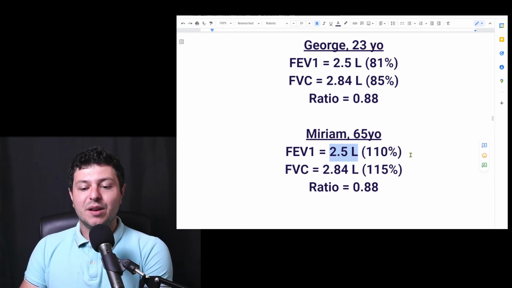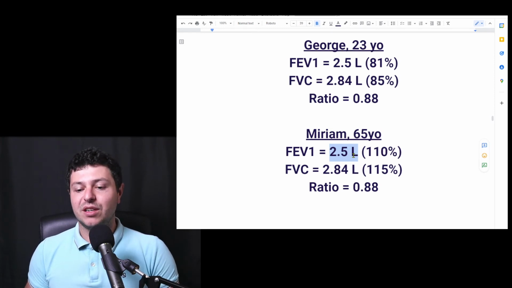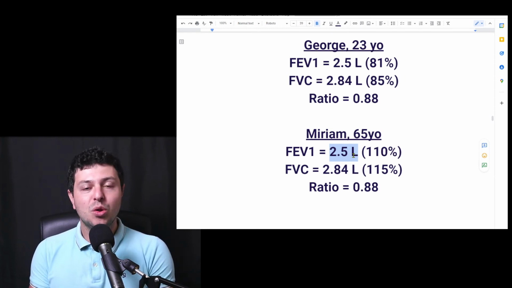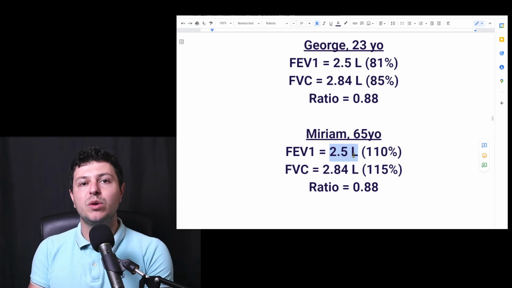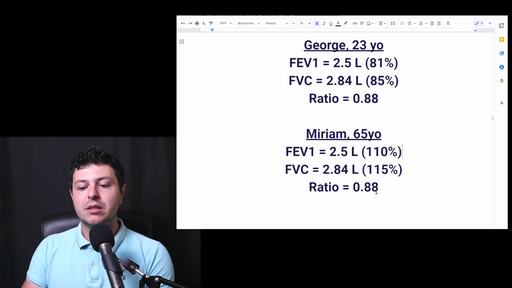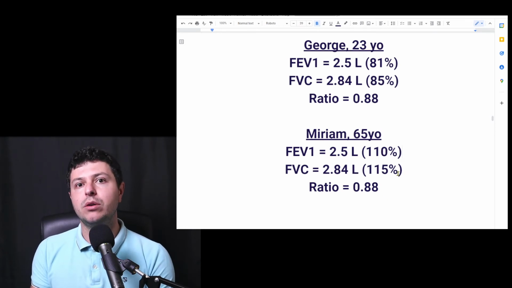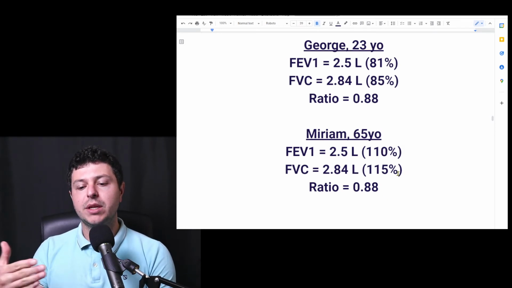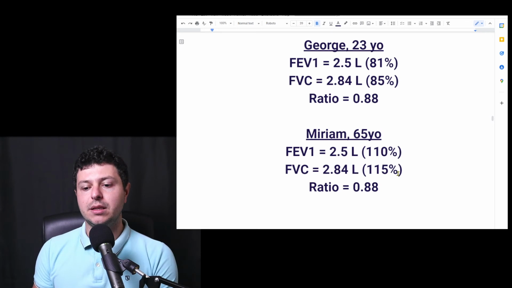So her predicted value was probably less than 2.5. Potentially for her, it would have been maybe 2.3, 2.2 liters. That's what we would have expected Miriam to blow out, but she's done better. So this is what we generally call a supranormal lung function. Something that's a little bit better than expected, but it's still normal.